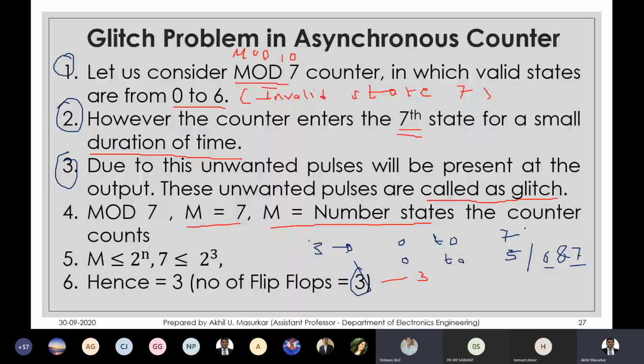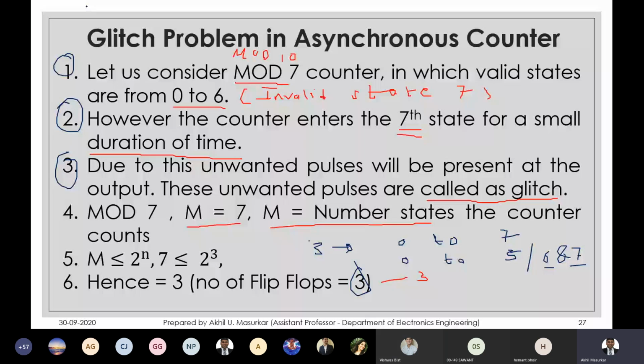So sir, in a mod 10 counter, the invalid states would be 10, 11, 12, 13, 14 and 15, right? Right. Vishwas has asked for another example. Mod 10 counts from 0 to 9.